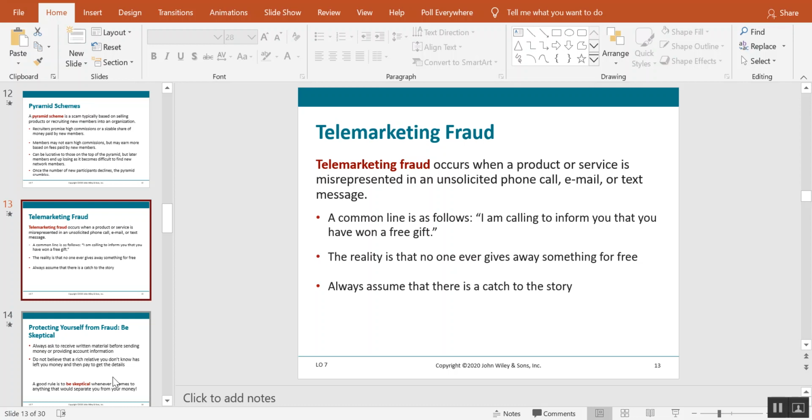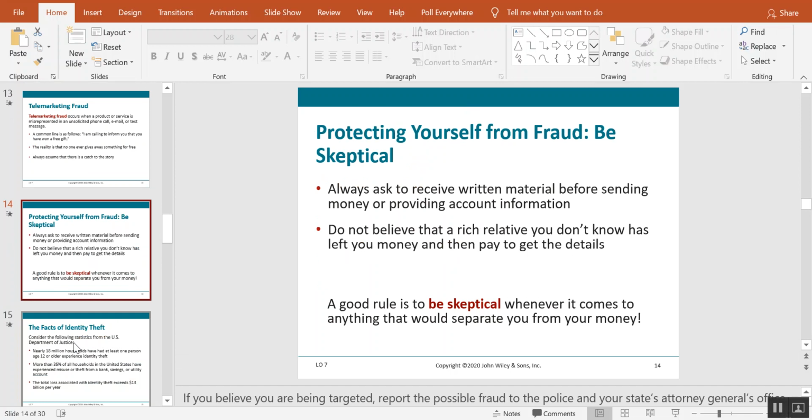I believed it, and they sent me a bill for my free gift. I went to an attorney and got out of that because I was under the legal age, and they were not able to pursue me for what they claimed I owed them. But I hired an attorney to deal with that, and by the way, telemarketing fraud is a very common one. It's going on now. It's probably expanded even since then.